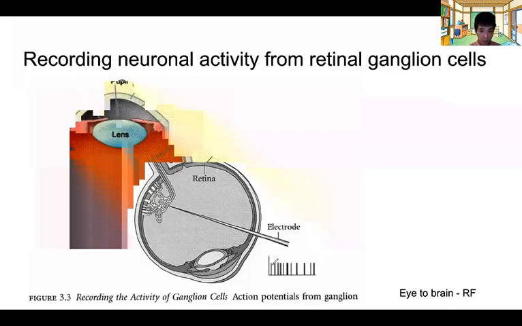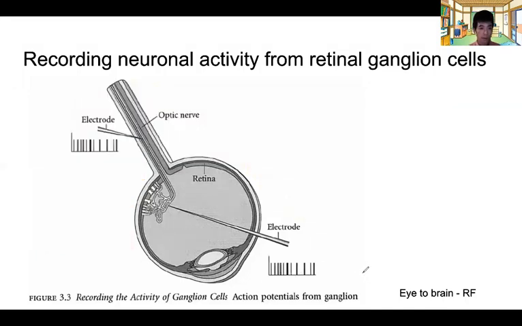And then you can record the spikes that look like these vertical lines here. It's called a raster plot. At the same time, you can also potentially measure the same axons that go from here to here, and then measure the spikes at the optic nerve level here.